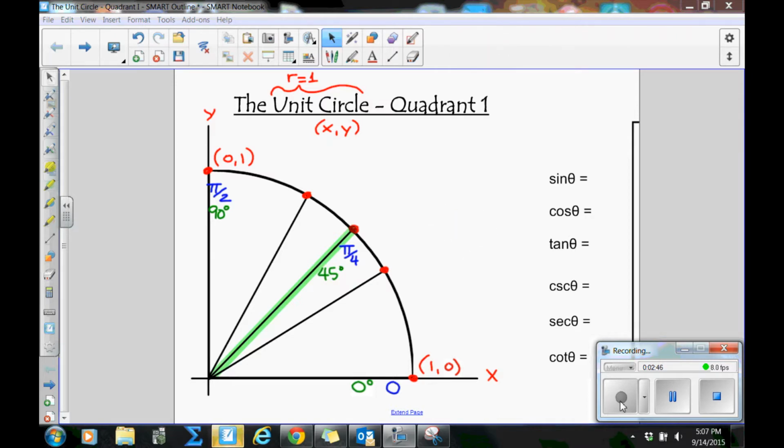Every single angle on the unit circle can be turned into a right triangle.